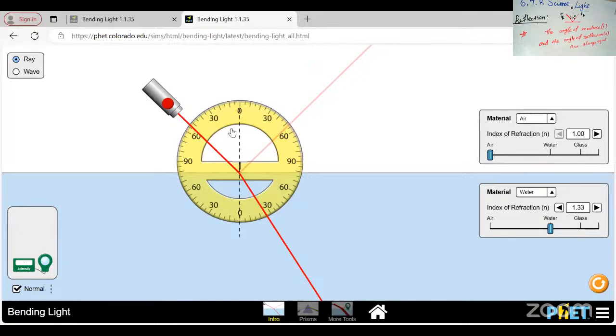Both the angles are the same, 60 degrees only. So the law of reflection is right. Yes, the incident ray, reflected ray, and the normal are all in a single plane, and both angles are the same. The two laws are applicable here.